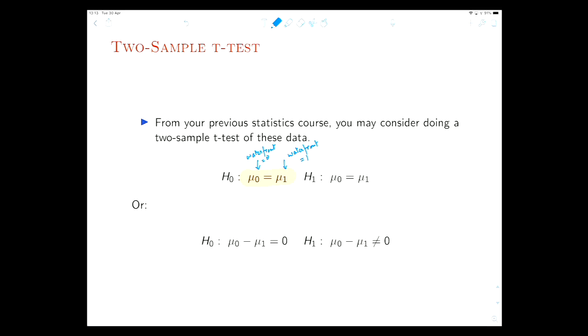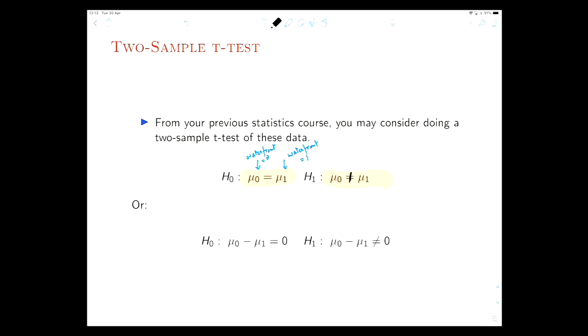Versus the alternative, and that equation should actually have stated not equal to, so just make that change. The alternative is mu 0 not equal to mu 1.